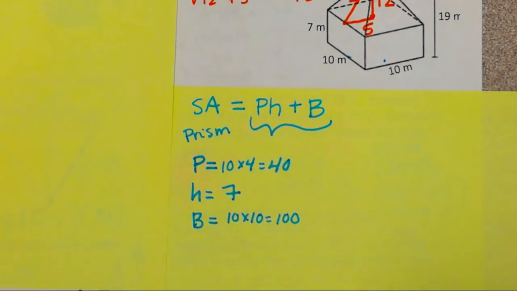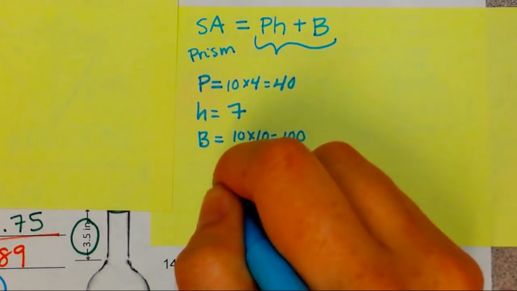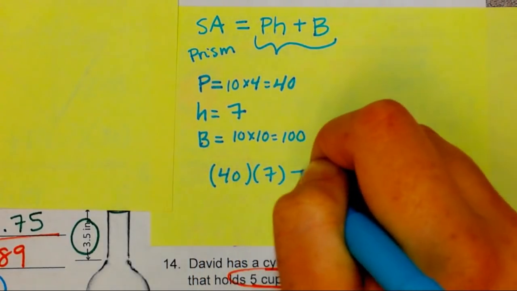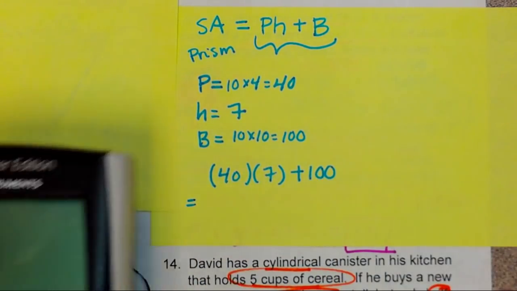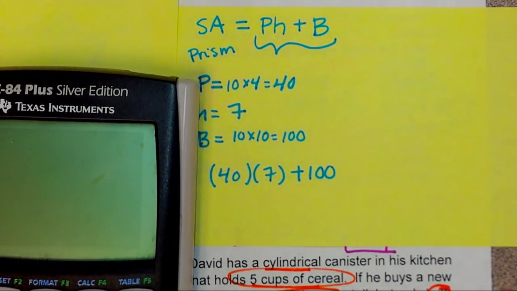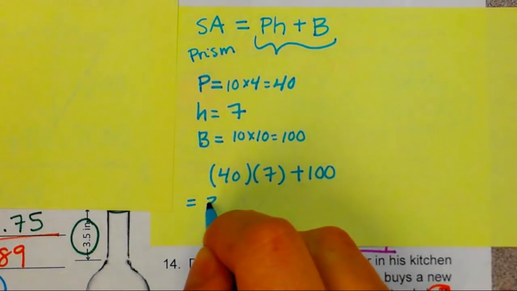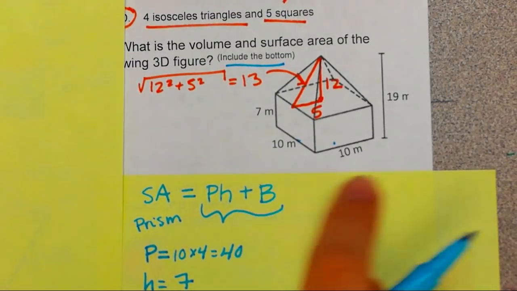So plugging things in, we would have 40 times 7 plus 100. That's 380. So that's the surface area that's exposed for the prism.